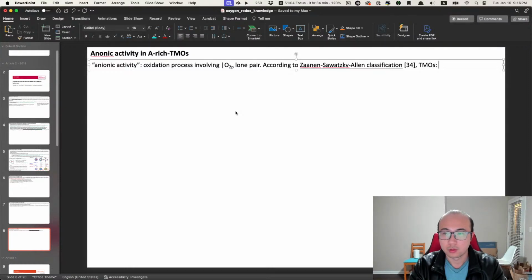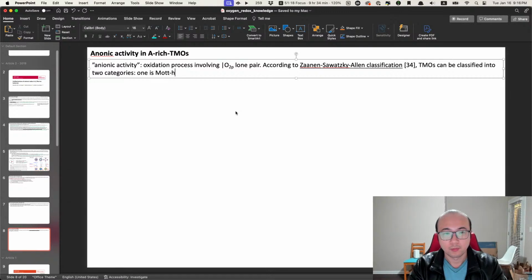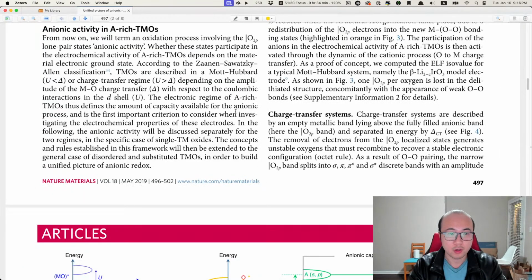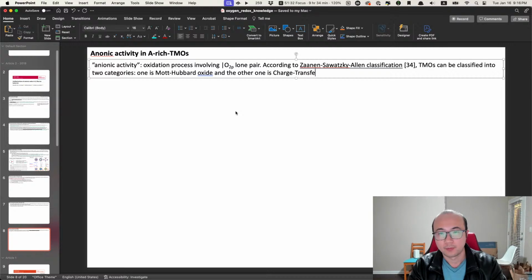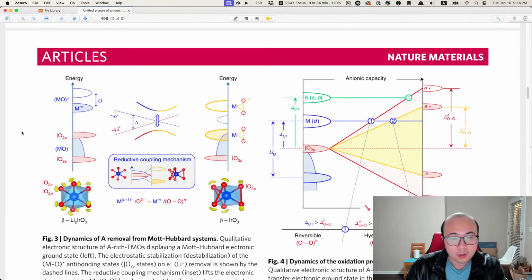TMOs can be classified into two categories. One is Mott-Hubbard and the other one is charge transfer. So, what is the difference?